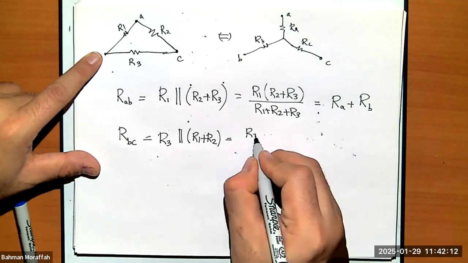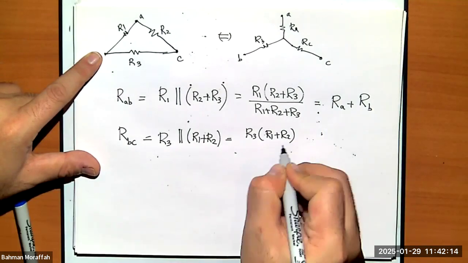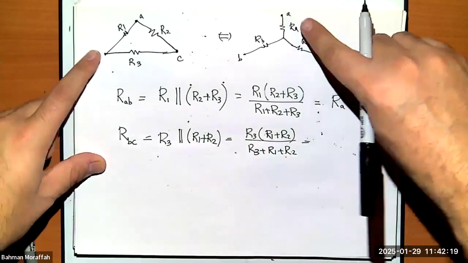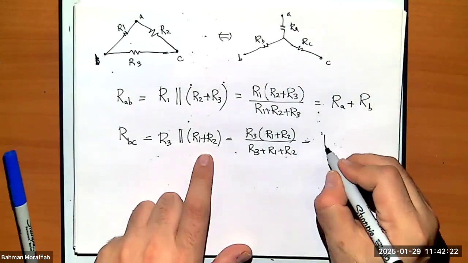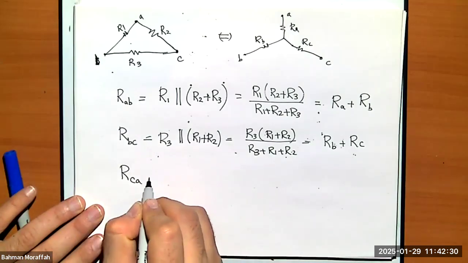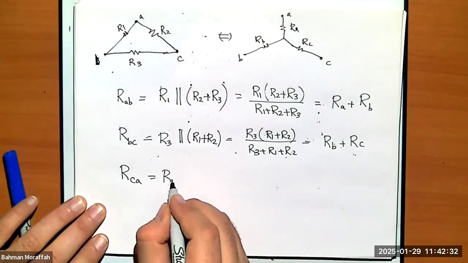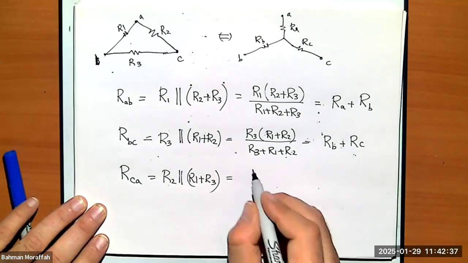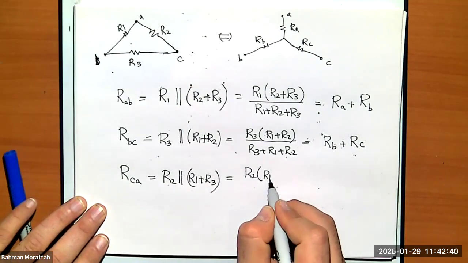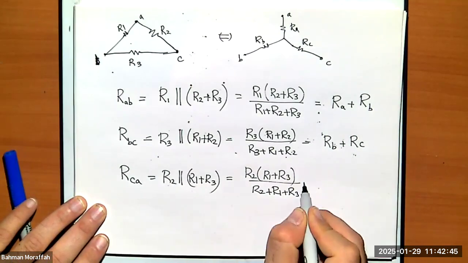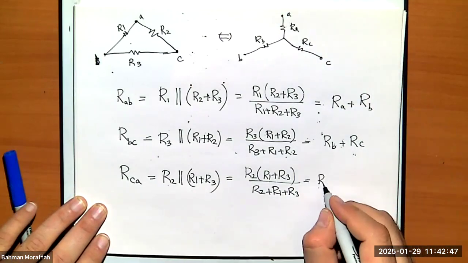So that's R3 times (R1 plus R2) divided by (R3 plus R1 plus R2). Over here, that would be RB plus RC. Similarly, if I look at CA, I have R2 in parallel with R1 plus R3, which is R2 times (R1 plus R3) divided by (R2 plus R1 plus R3). Over here, that should be RA plus RC.